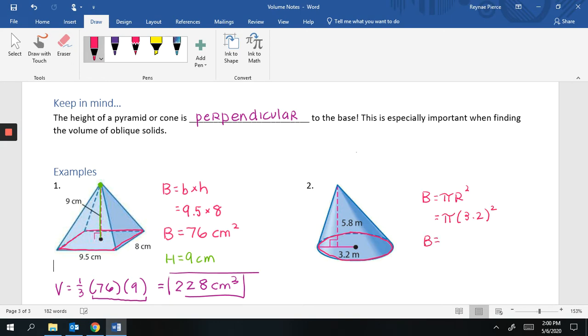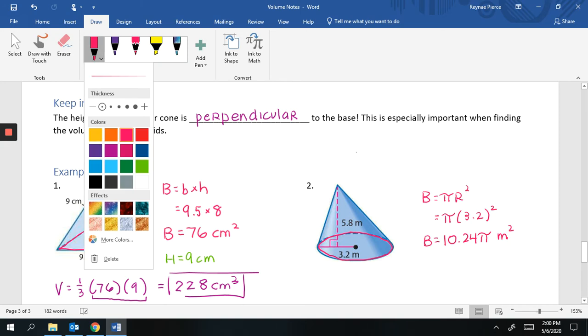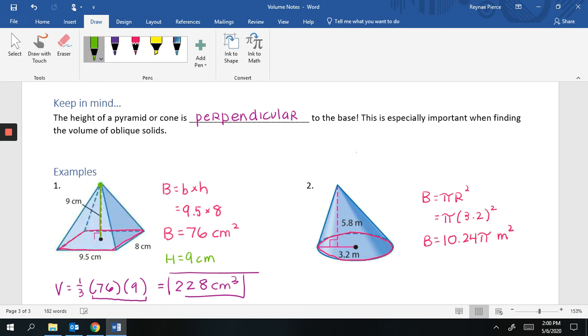So the area of our base is 10.24 pi square meters. This is kind of a little bit oblique. That vertex isn't right above the center, but that still doesn't change the fact that our height has to be perpendicular to our base. So our height is 5.8.